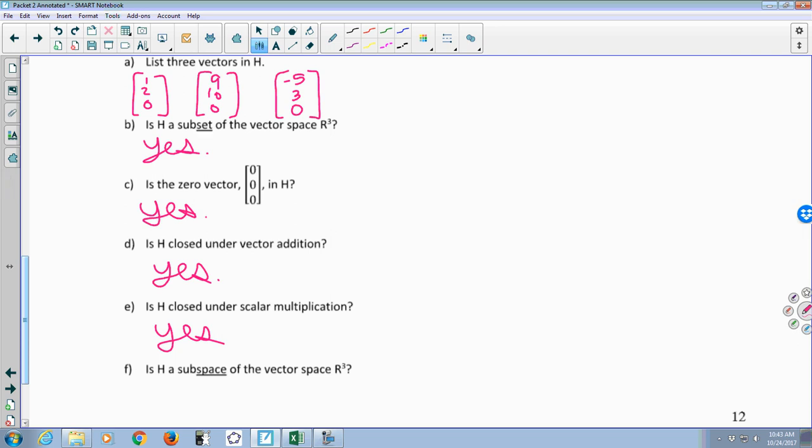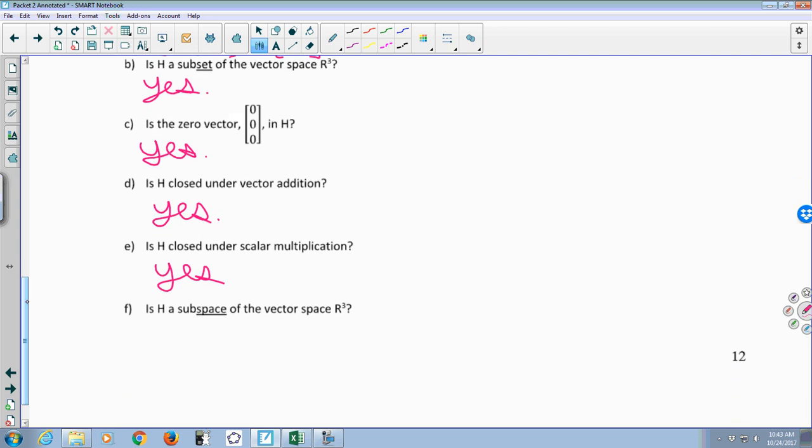It contains a 0 vector, closed under vector addition, closed under scalar multiplication. That means H is a subspace of the vector space R3. And if you're a subspace, that means it's also a vector space. We only had to show it satisfied 3 properties of vector space, but it actually satisfies all 10. You don't have to show it if it's a subset of a known vector space.